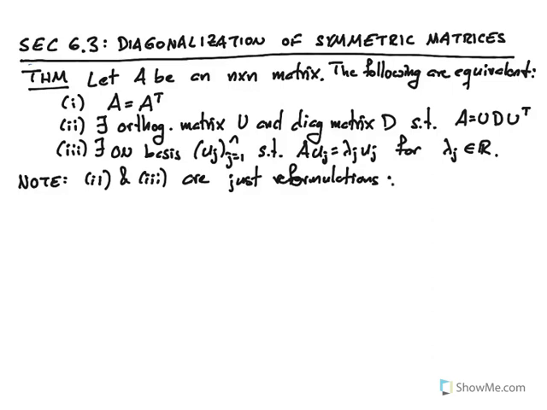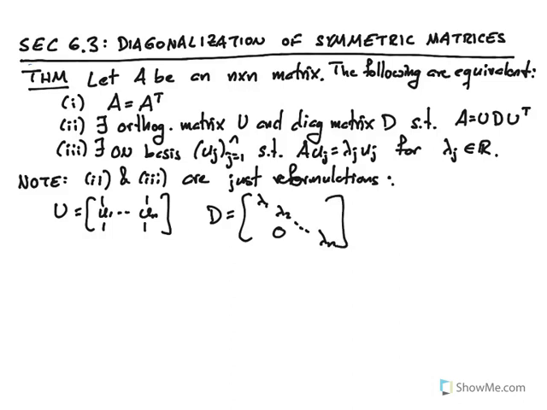They're really the same statement, because if you take your basis and put the vectors as columns in a matrix U, and then form a diagonal matrix by putting the eigenvalues on the diagonal, then AU is A u_1 up to A u_n.